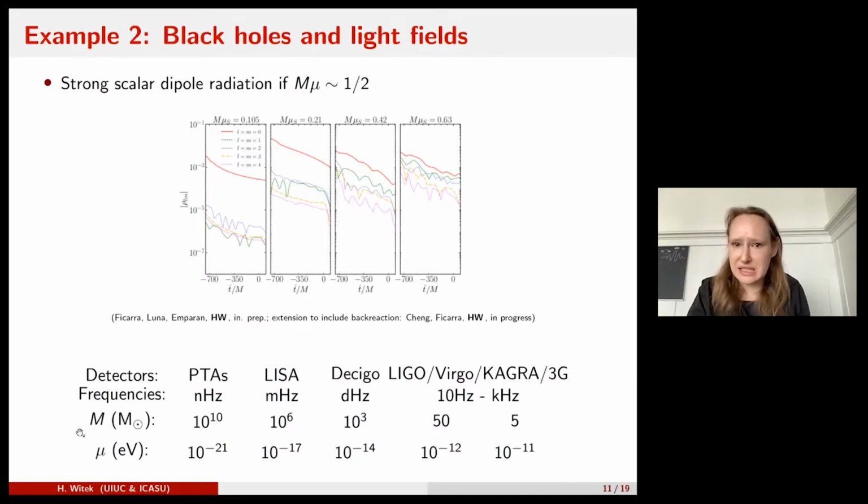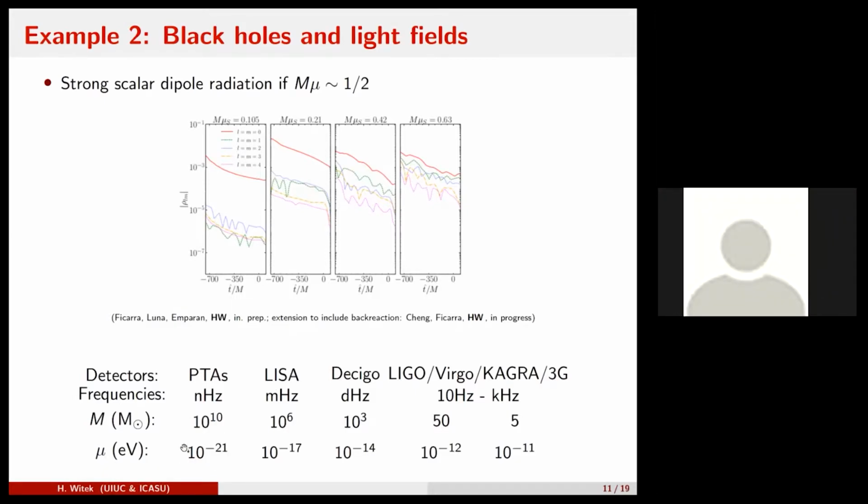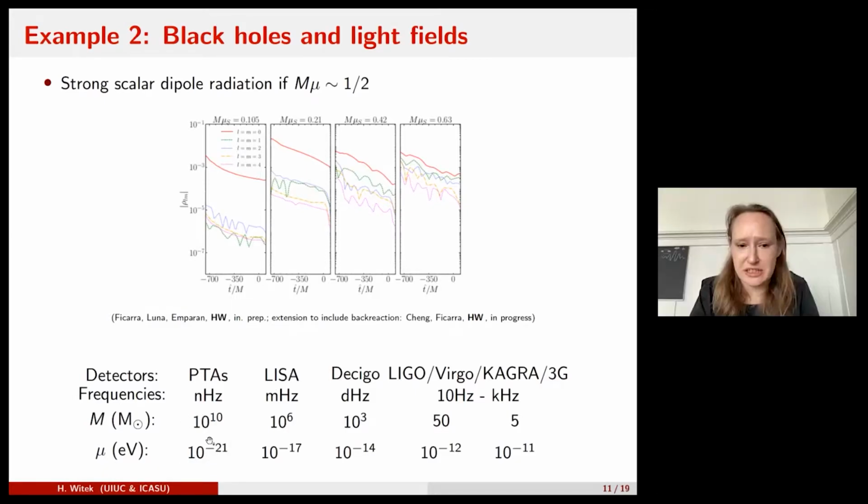And we would be sensitive to ultralight scalar fields in the mass range of, well, 10 to the minus 21 electron volts with these supermassive black holes. And that's where people are interested in dark matter candidates, all the way to fields with a mass energy of 10 to the minus 11 electron volts. And that's when we get into the realm of the QCD axion.